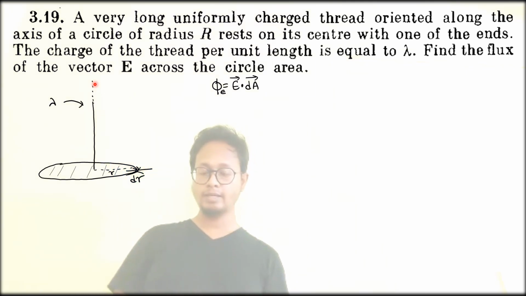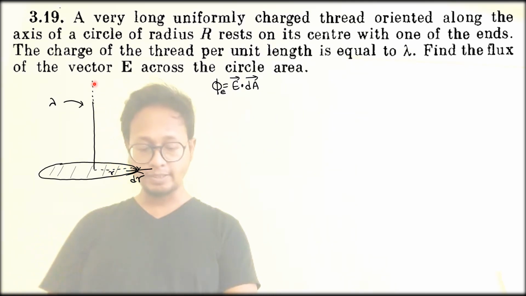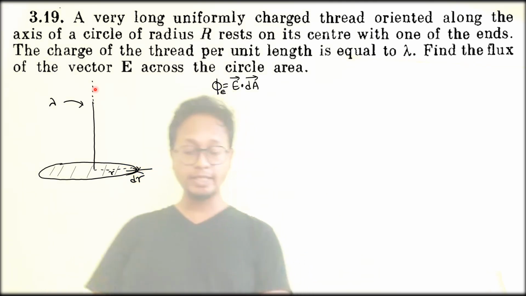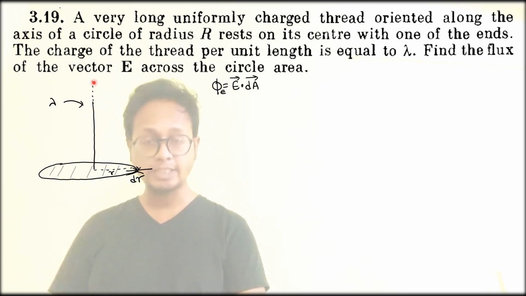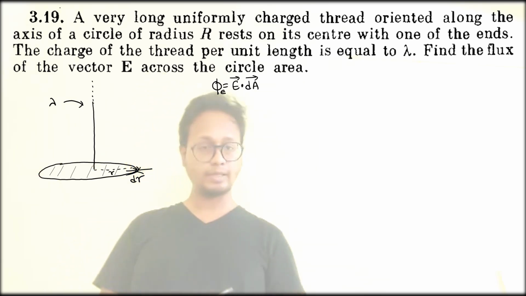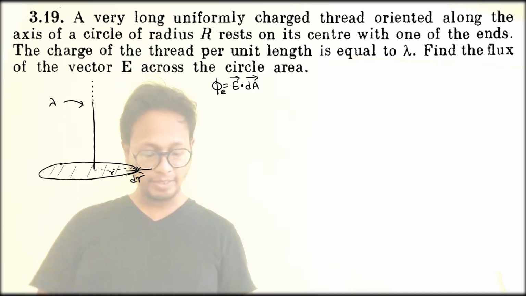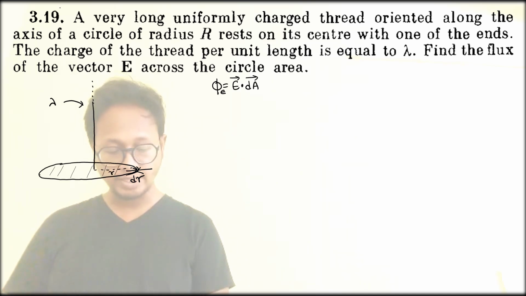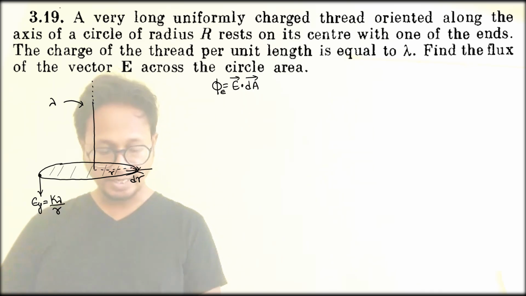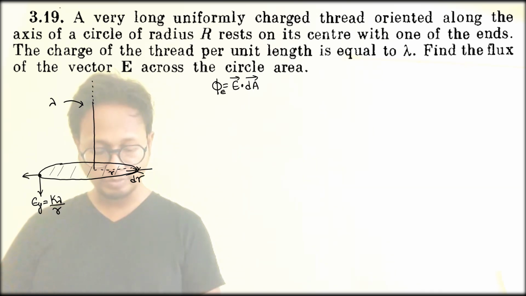Okay. Now my question is, what is the flux? Listen to my question. What is the flux due to this charge carrying infinite wire on this elemental ring? Understood? So on this elemental ring, first you have to find out what is the electric field. The electric field in the y direction would be k lambda by r, and the electric field in the x direction would also be k lambda by r.